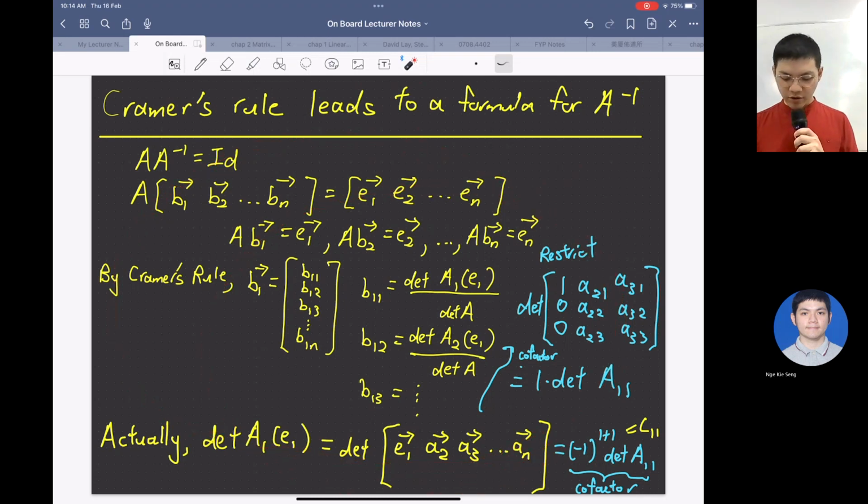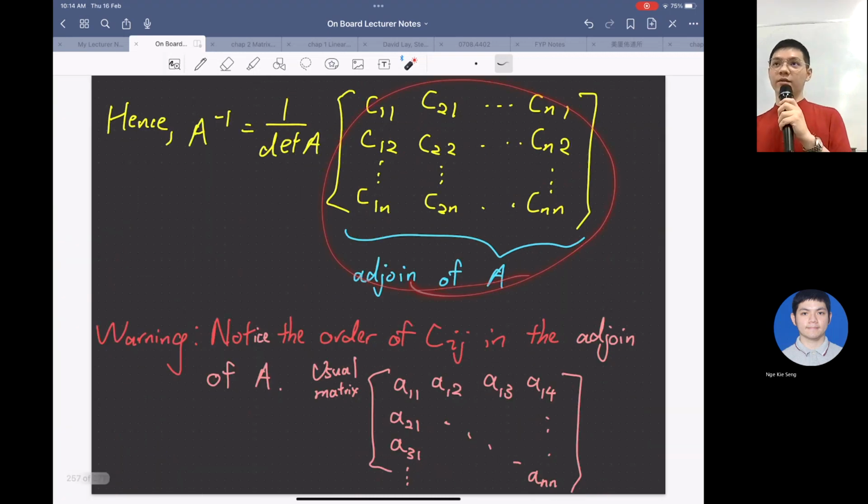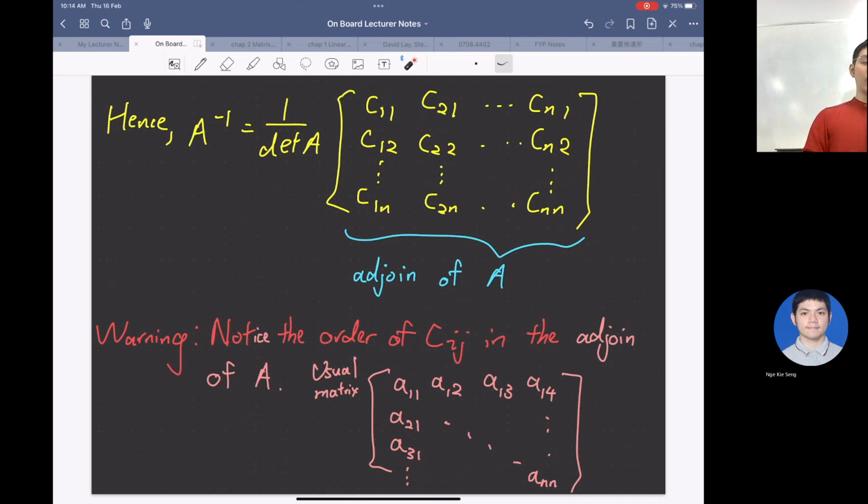If you try to compute A2, E1, and so on, when you change these two numbers here, then you will see that this matrix here will appear. We won't do it here, but you can try it out.